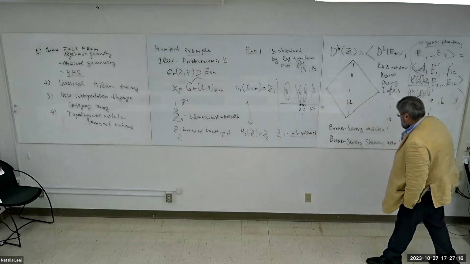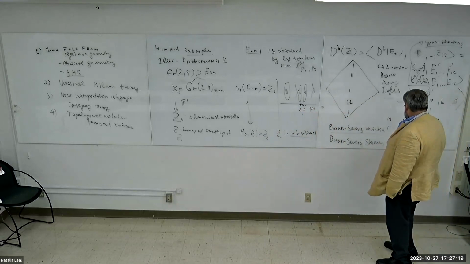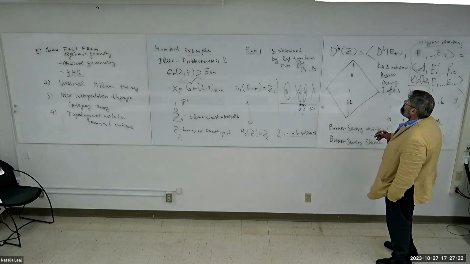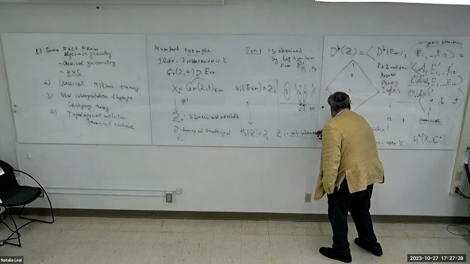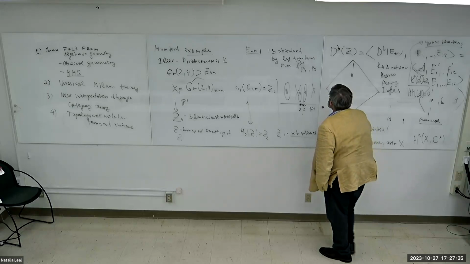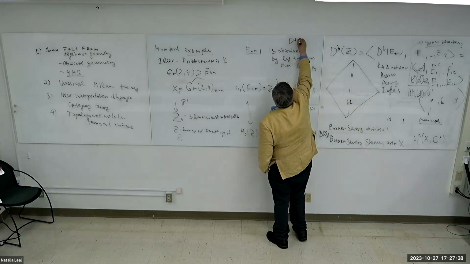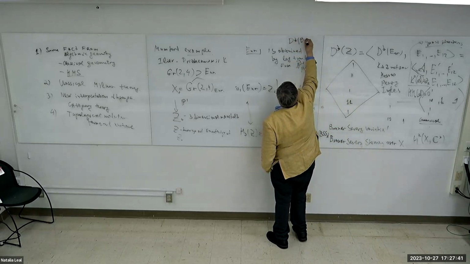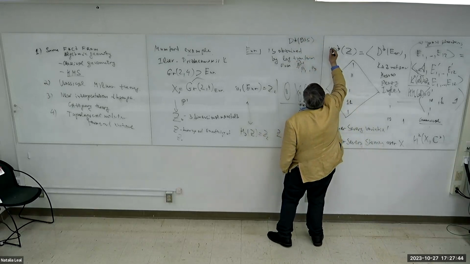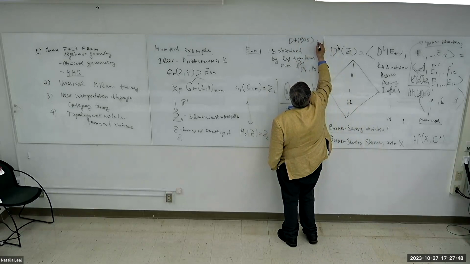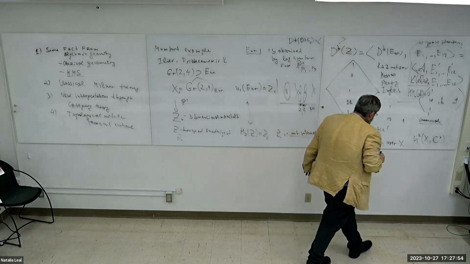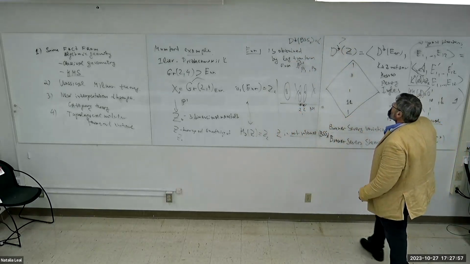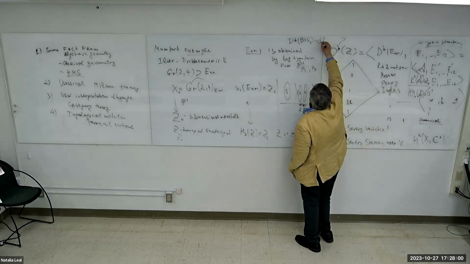If you have a Brauer-Severi scheme, BSS, over X, and X has an exceptional collection, then the derived category of BSS over X is equal to semi-orthogonal decompositions of different derived categories.